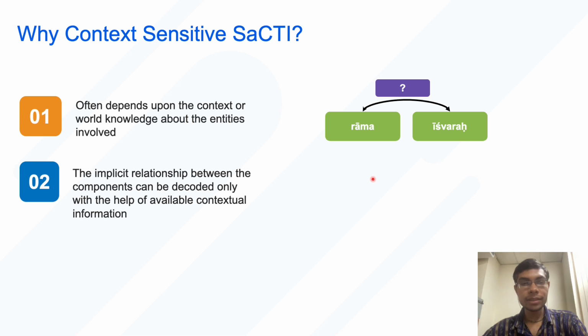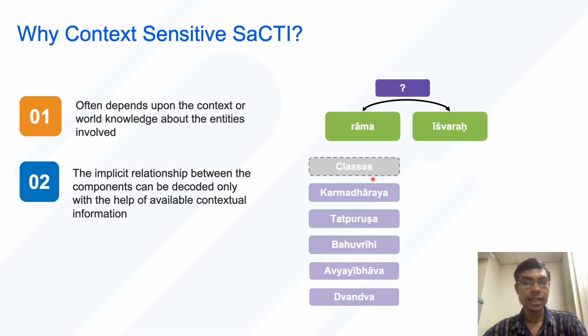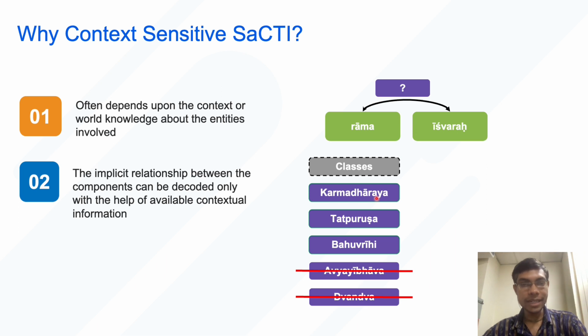For example, Rama and Ishvara are the two components, and there are 5 possibilities. There are 5 classes: 4 are the broad classes, Tatpurusha, Bahuvrihi, Avyayibhava and Dvandva, and Karmadharaya is a subclass of Tatpurusha. Out of these 5, the first 3 are the potentially correct classes. Which one it is depends completely on the context present.